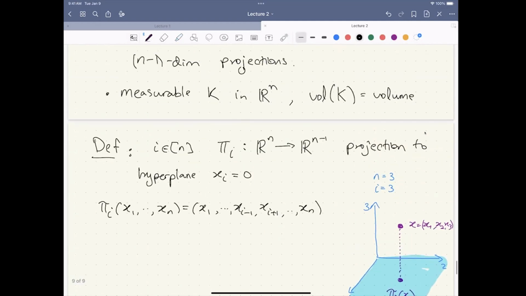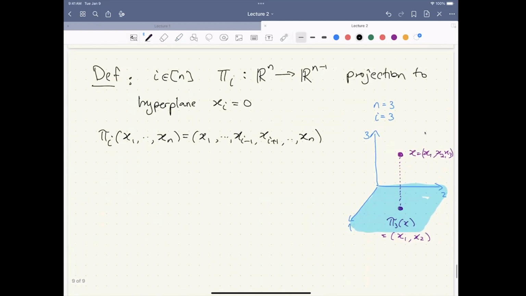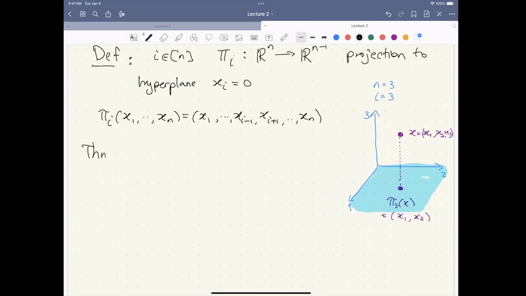Now we can state the Loomis-Whitney inequality. As I said, we have a measurable body K in R^n.